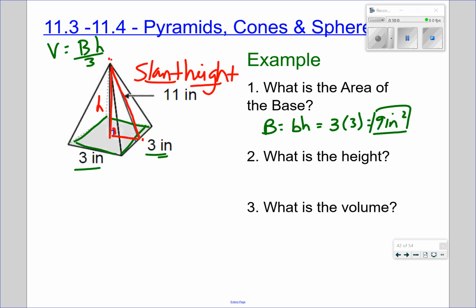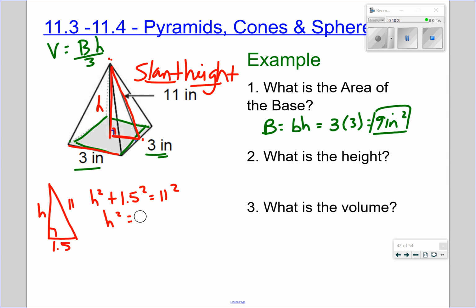But what you will notice, if I draw a little line here, I can make a right triangle. And my right triangle has 11 as the hypotenuse. The height we don't know. And then this base would be 1.5 because it would be half of this 3-inch base on the whole pyramid. So to find my height, I can go ahead and use Pythagorean theorem. I can say h squared plus 1.5 squared equals 11 squared.